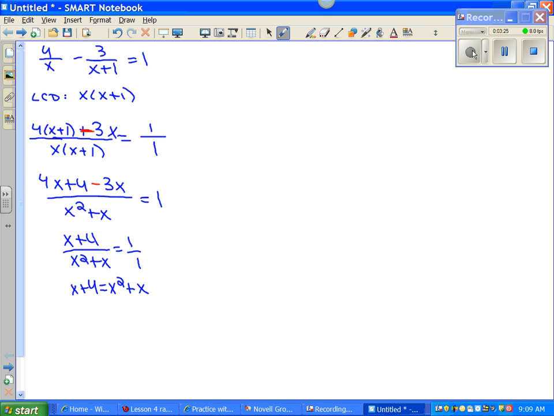The x's do cancel. Yeah, so now I have 4 equals x squared.